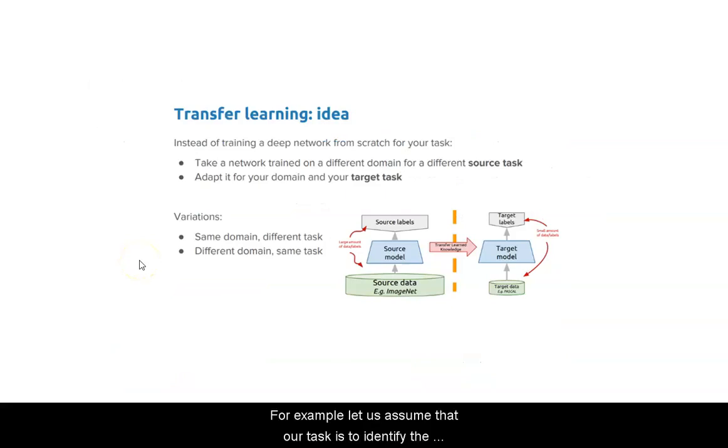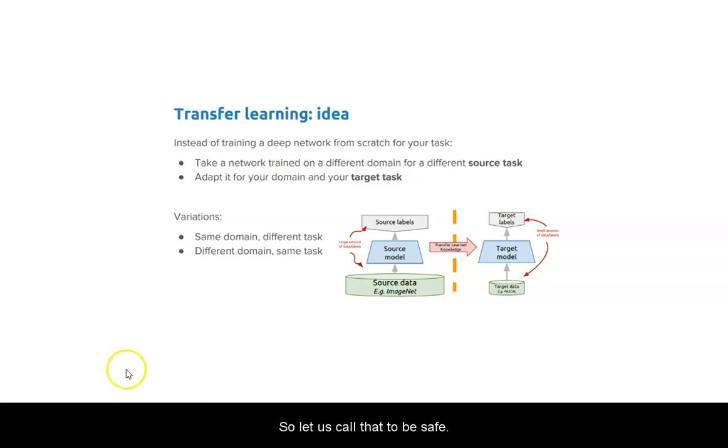For example, let us assume that our task is to identify the objects in images within a restricted domain of a classroom. Right? So I have this computer vision problem wherein I need to identify the objects in an image in a restricted domain of a classroom.